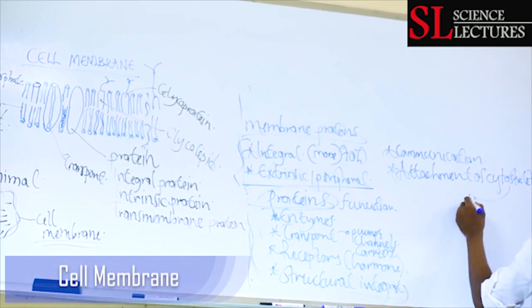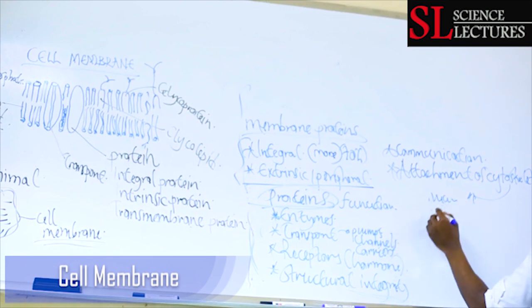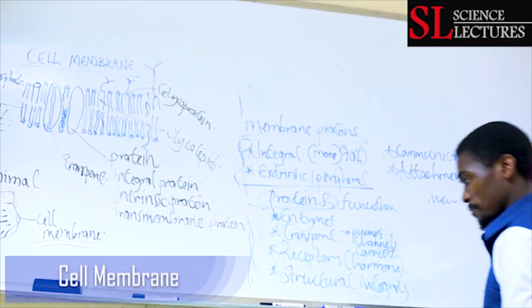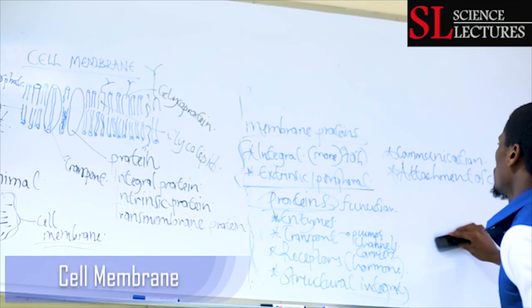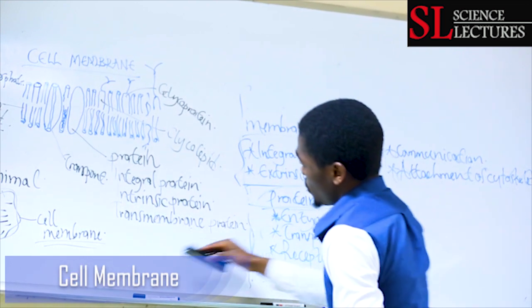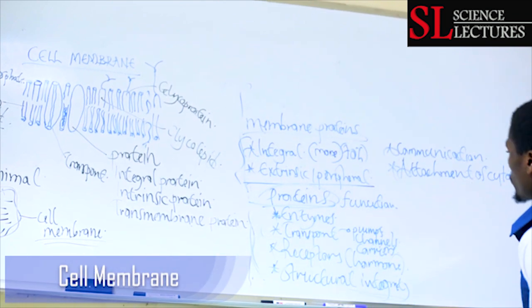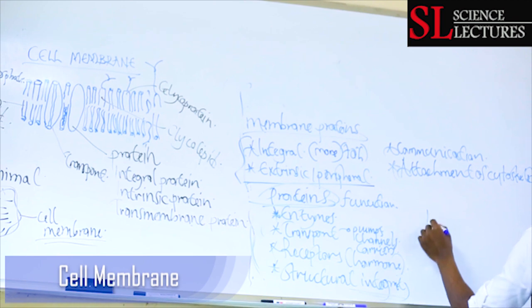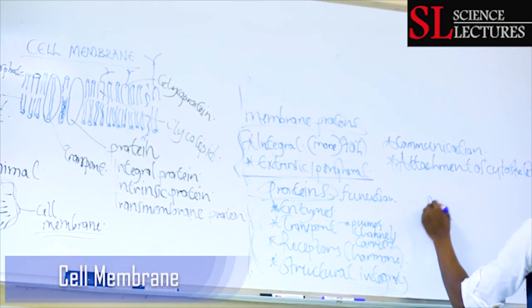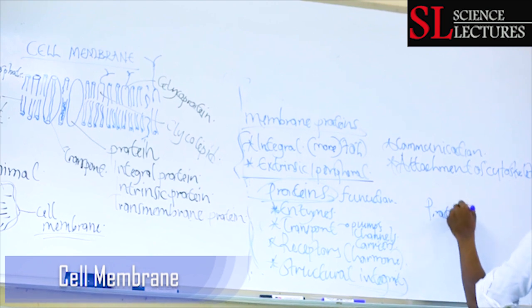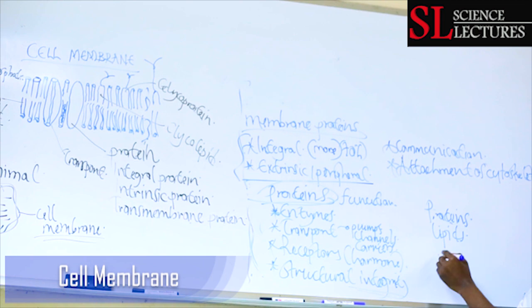Remember, the cytoskeleton is where we have the microtubules, microfilaments, and the intermediate filaments. So that is basically the structure of our cell membrane. The main components, we said, are the membrane proteins, the membrane lipids, and our glycocalyx.